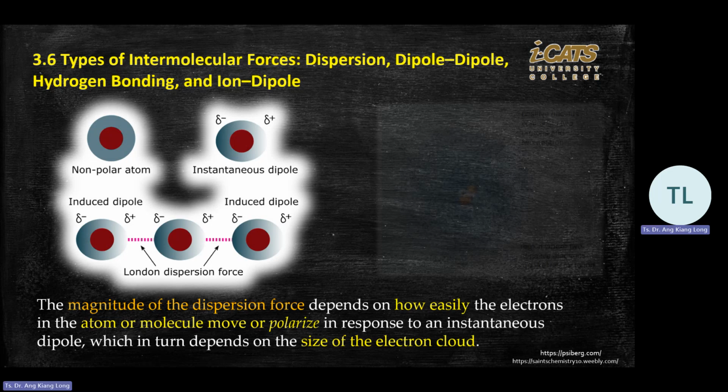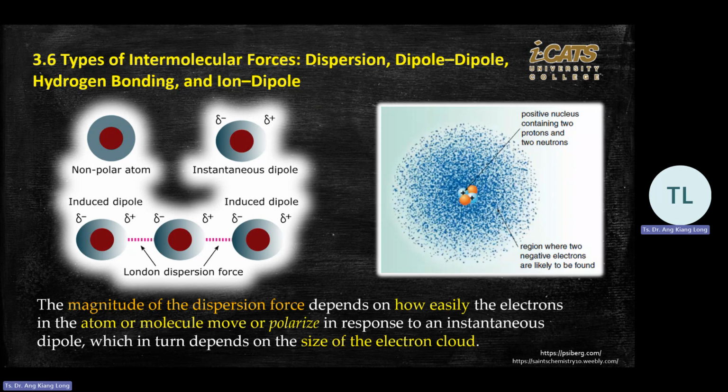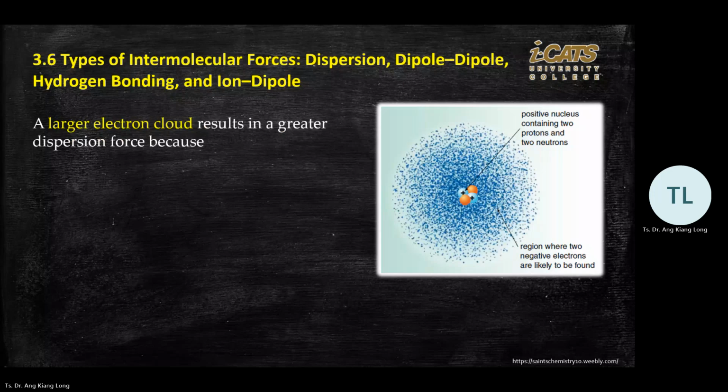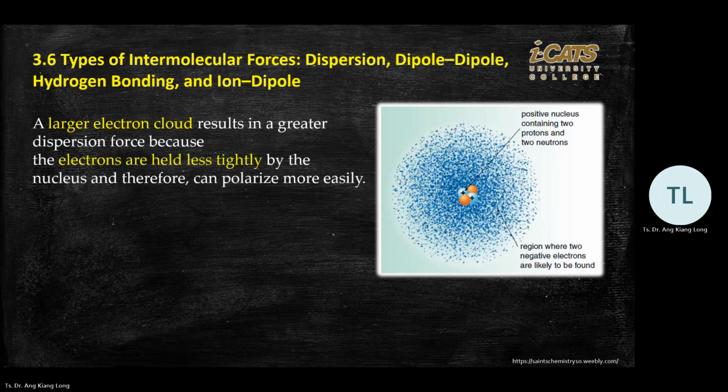This is just an illustration of the distribution. A larger electron cloud, or you can say orbit, gives a greater dispersion force because electrons are held less tightly by the nucleus and therefore can polarize easily.